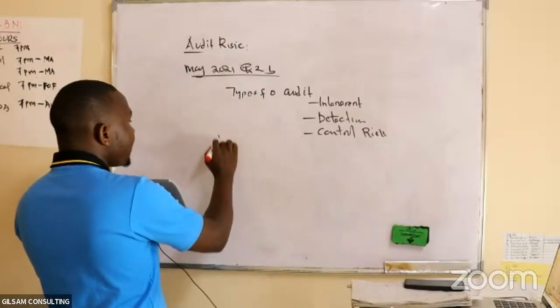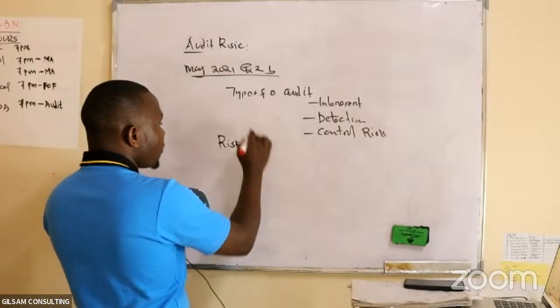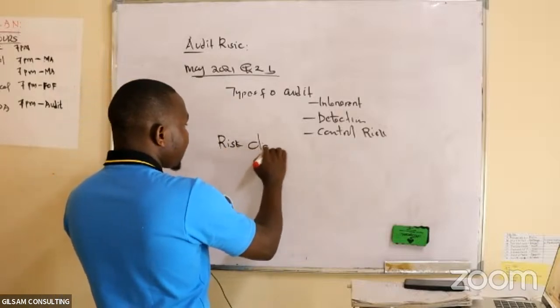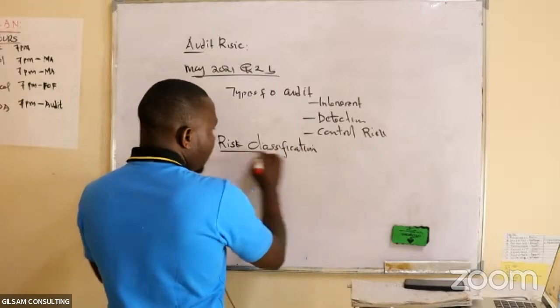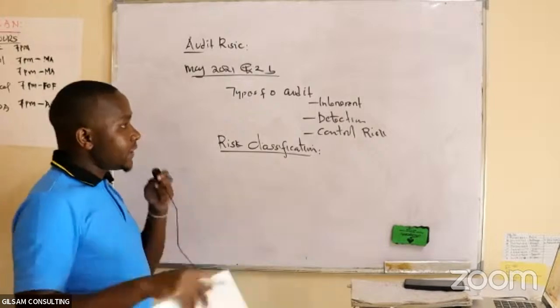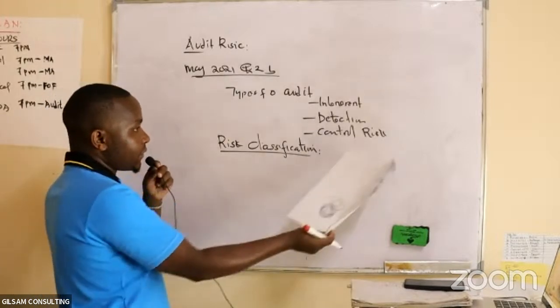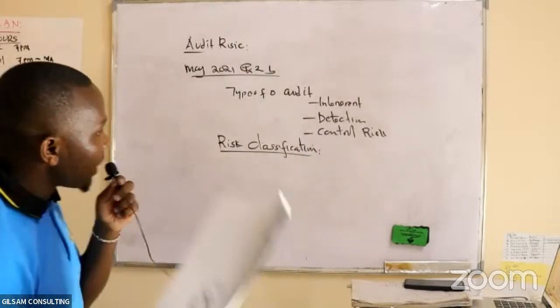So what could be the benefits of the company which undertakes risk classification? This is the risk classification, or like finance, operation, and compliance risk.